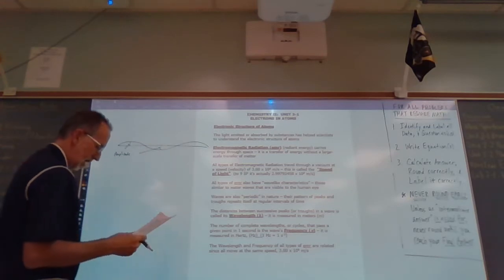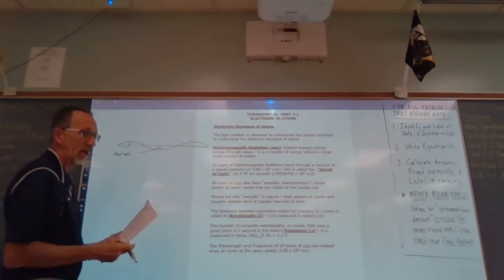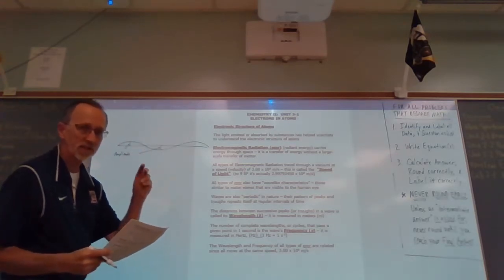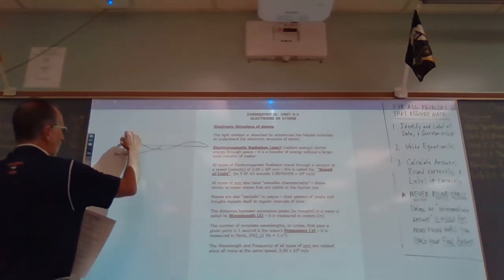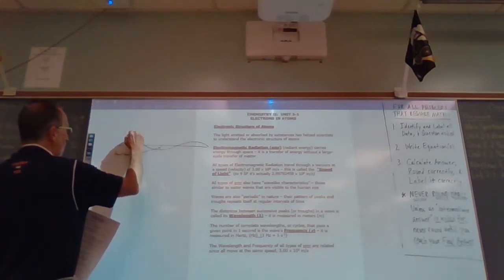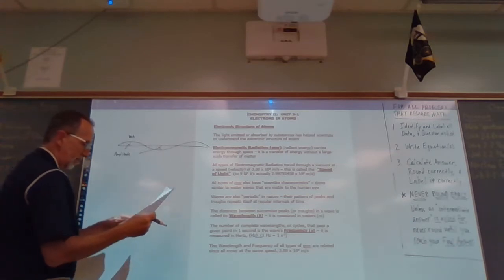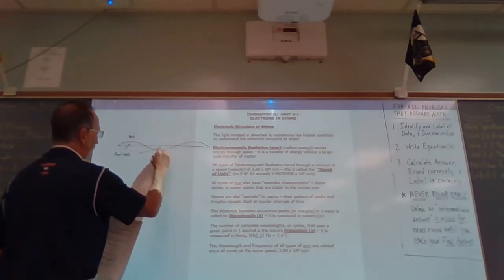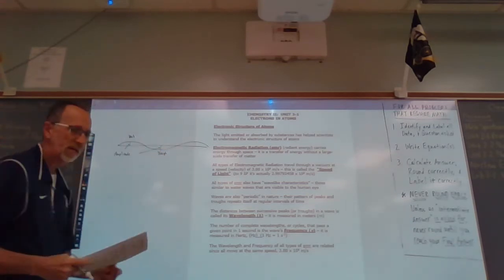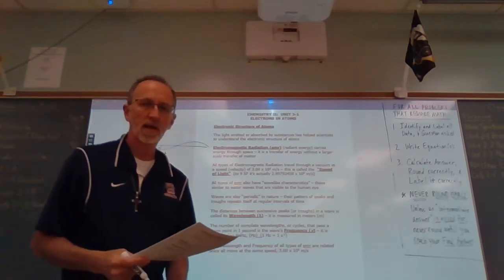Now, if it's an amplitude in the positive, up direction, we call it a peak. If it's an amplitude in the negative direction, we call it a trough. But a peak and a trough both measure amplitude.